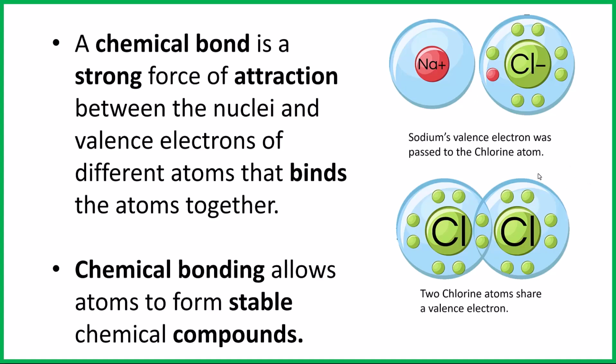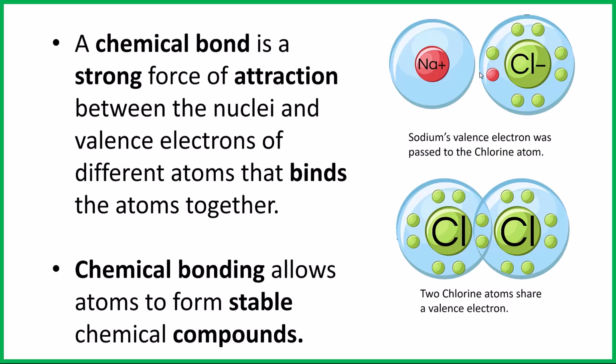Here are 2 examples. In this bond, sodium's valence electron, the red one, was passed to the chlorine atom. As the sodium atom lost an electron, because electrons are negatively charged, it became more positively charged. And as the chlorine atom accepted that electron, which is negatively charged, it became more negatively charged.